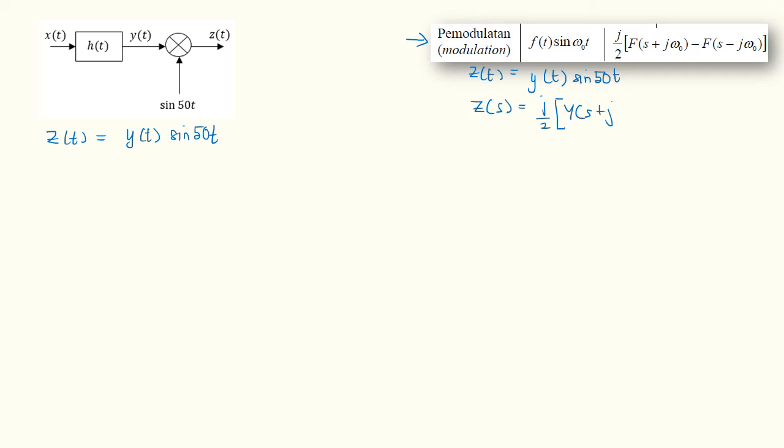What is your omega naught? So omega naught is 50. So G 50 minus Ys minus G 50. Okay, so now your Zs equal to G over 2 Ys plus G 50 minus Ys minus G 50.